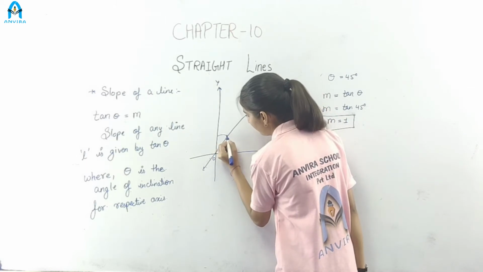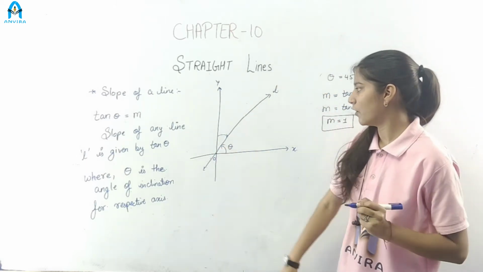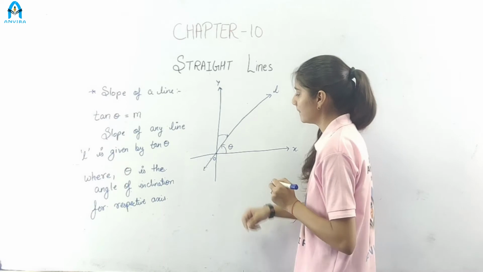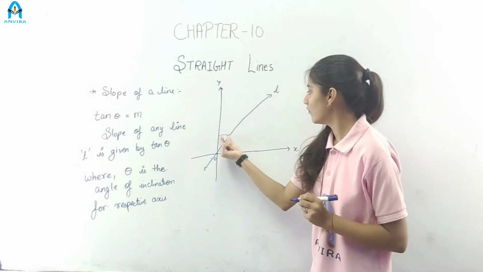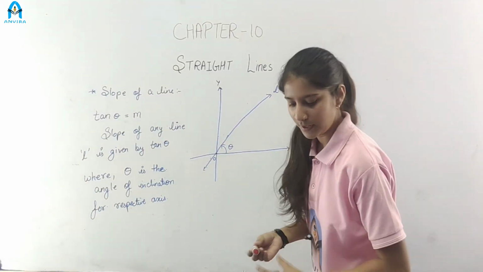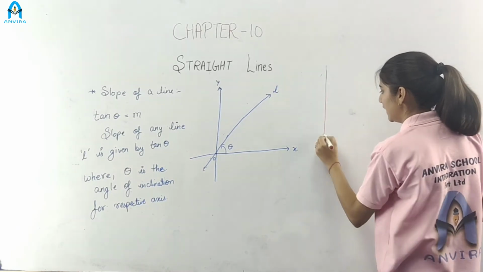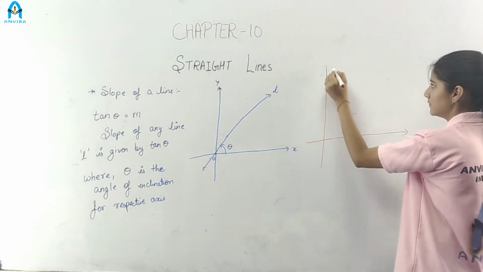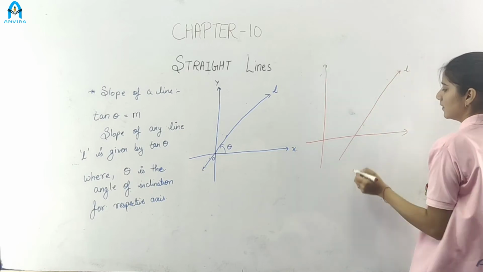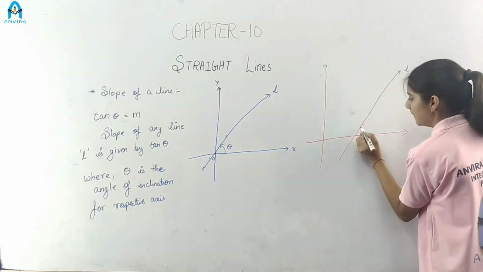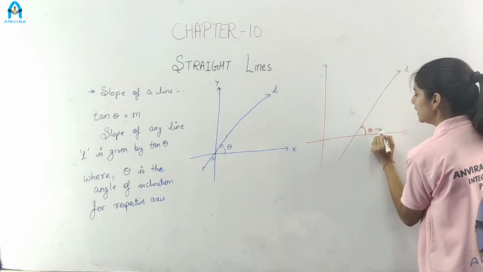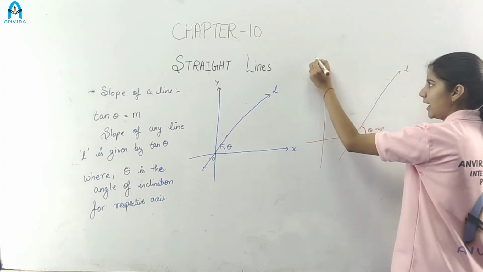What happens if I take it from this axis? So, if it is theta, then what will my this angle be? Now, let us suppose if I had given a line L which makes an angle theta of 45 degrees with the respective x-axis.